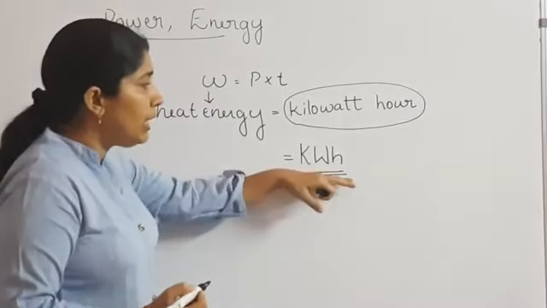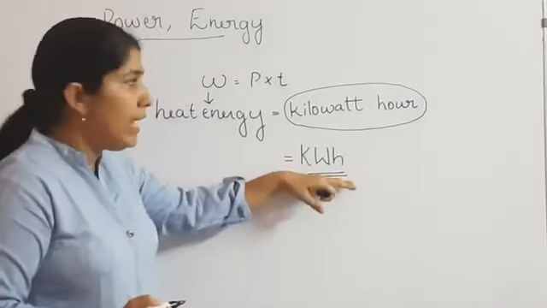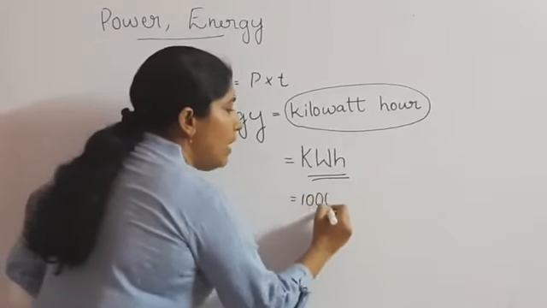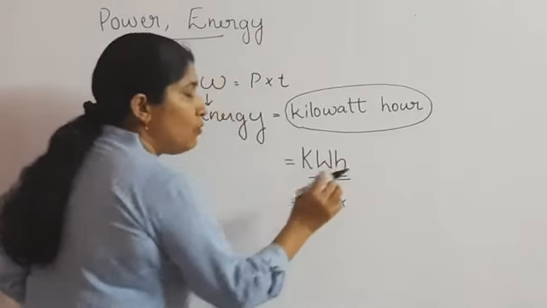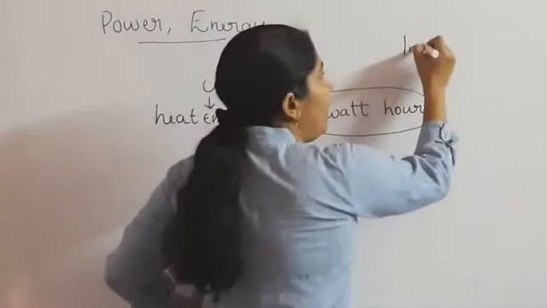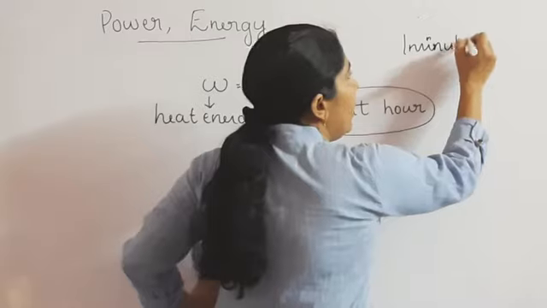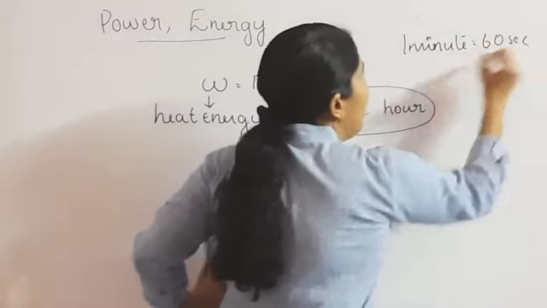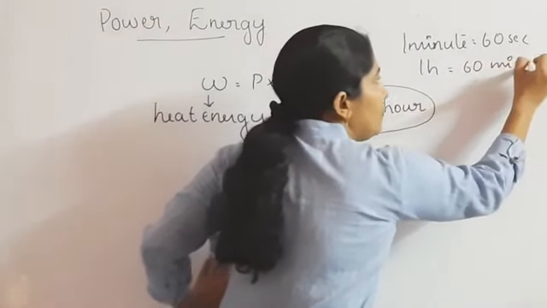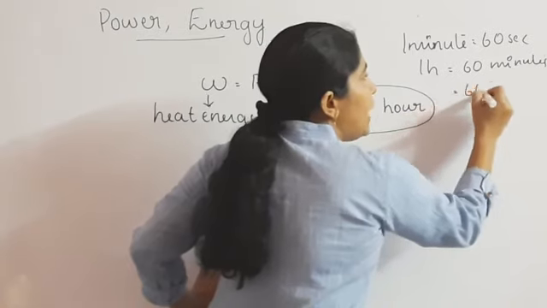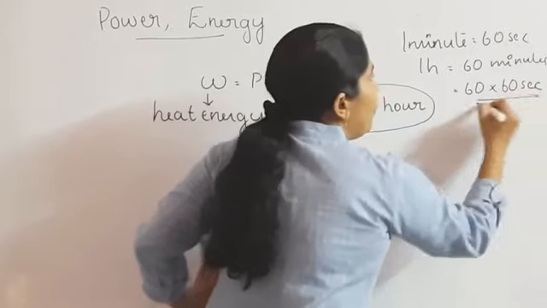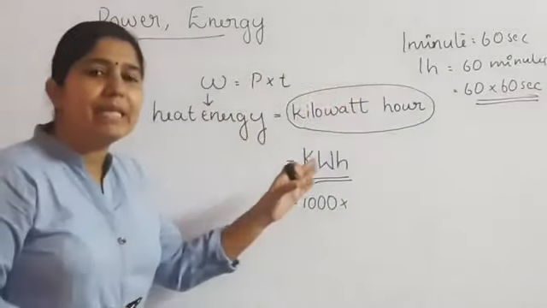Now we want to convert kilowatt hour into joule. Kilo means 10 raised to 3 or 1000. 1000 into hour. 1 hour is equal to 60 minutes, and 1 minute is equal to 60 seconds. Therefore 1 hour is equal to 60 into 60 seconds.